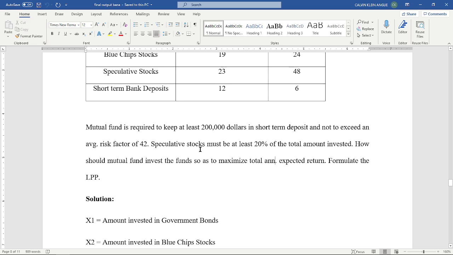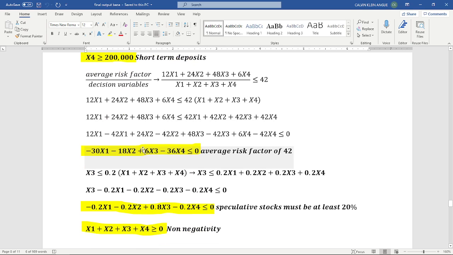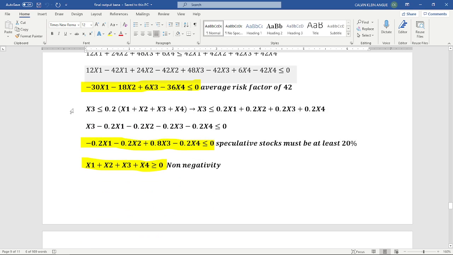Then our speculative stocks must be at least 20% of the total amount invested. So that's our constraint number 4. You just need to multiply the 20%, which is 0.2, to our decision variables x1, x2, x3, and x4. So x3 minus 0.2x1 minus 0.2x2 minus 0.2x3 minus 0.2x4 is greater than or equal to 0.